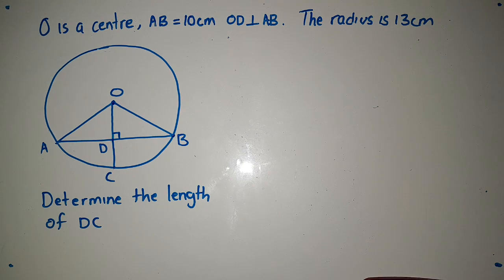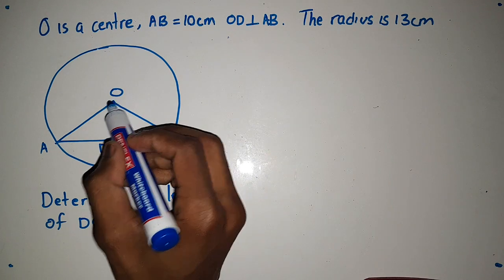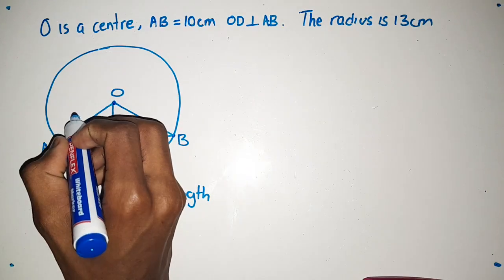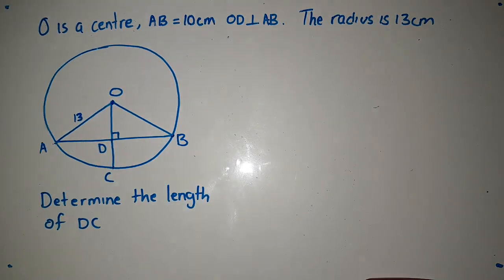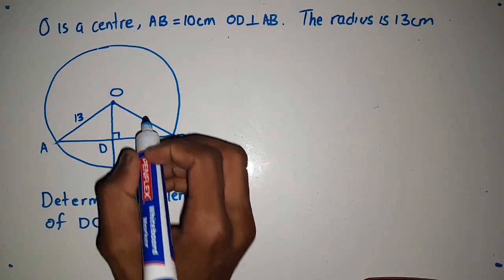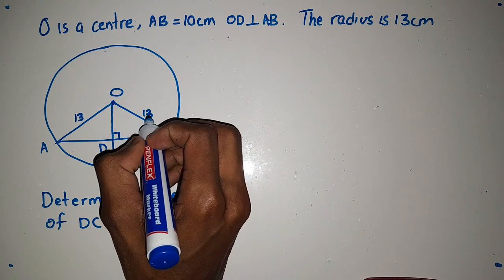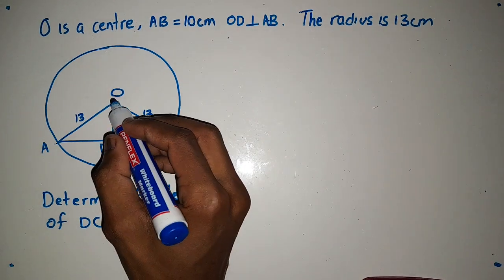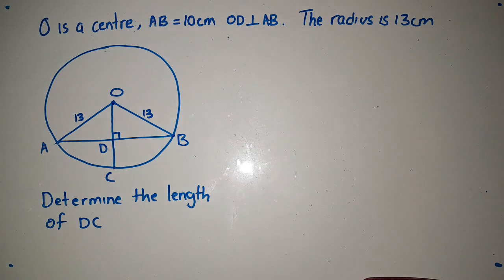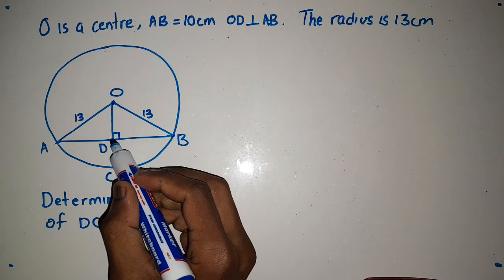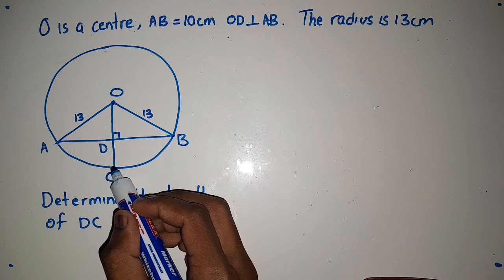Let me indicate the radius. OA is a radius, we have 13. OB, we also have 13. And our OC again, it's a radius. Now they want us to determine the value of DC, from this point up until this point.